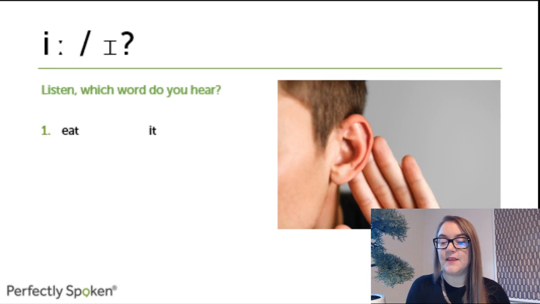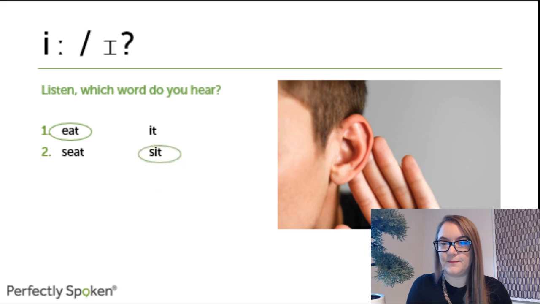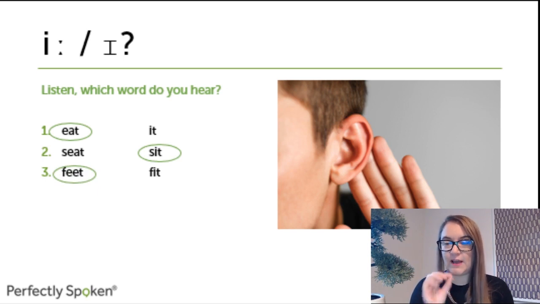Eat, eat. Well done. Sit, sit. Much shorter sound there, I. Number 3, feet, feet. Did you hear the longer sound, E?